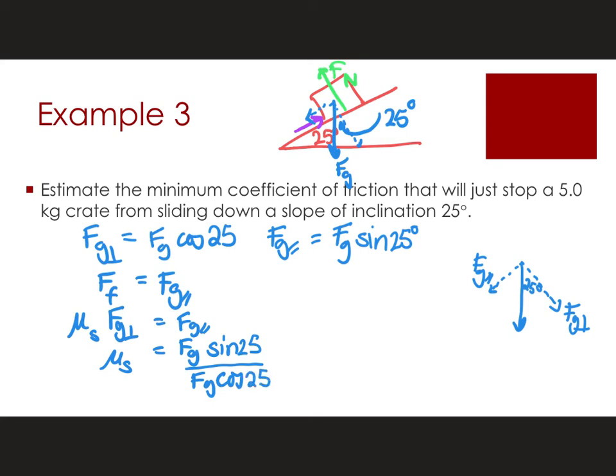And we can make our life a little easier by canceling out that FG, and sine over cos is the same as tan 25. By the way, if you get confused by that, just use sine 25 divided by cos 25. Well, if I pick up my calculator, making sure it's in degrees, I'm going to get a value of 0.47 if I round to two significant figures.